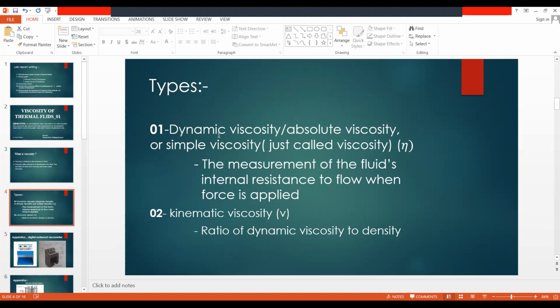I will give you data for three different temperatures, so you can calculate the dynamic viscosity and kinematic viscosity at three different temperatures. Then you can plot the graphs: temperature versus dynamic viscosity and temperature versus kinematic viscosity.